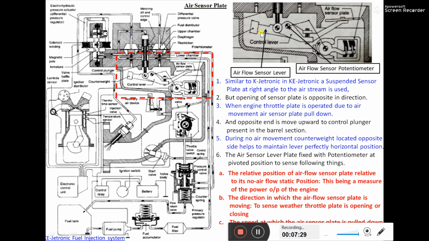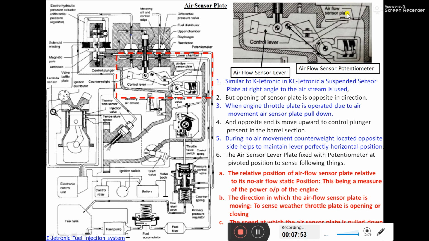If air is less dense, then more pushing force is required. Dense air can easily push this sensor plate downward to enter the inlet manifold, but whenever air is less dense, the air sensor plate does not get sufficient deflection.